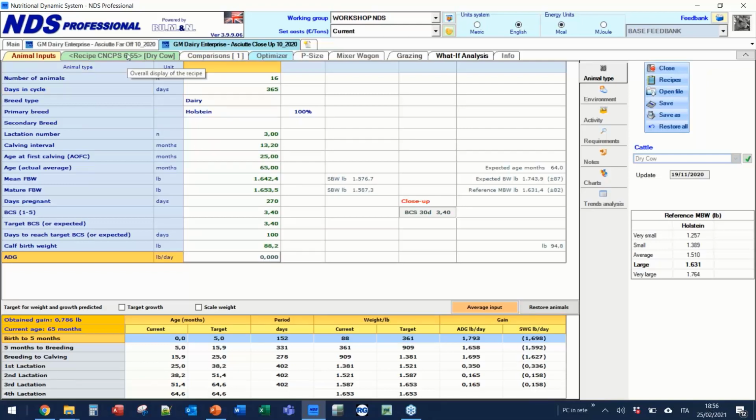In this way, the priorities for this cow will be to complete the growth of the fetus, and to have enough energy and mainly protein resources for the udder.